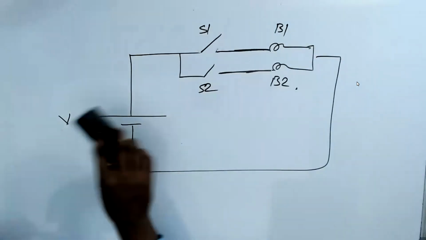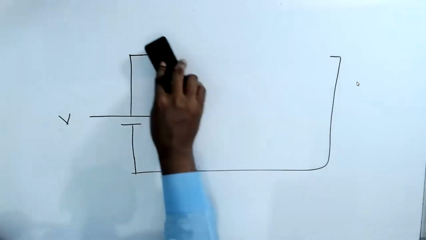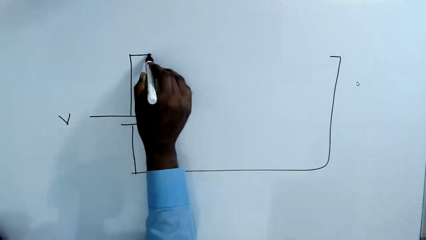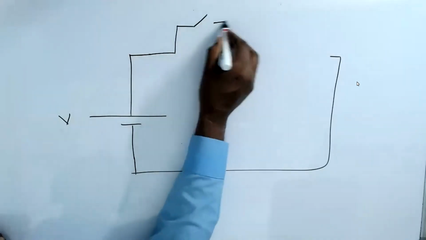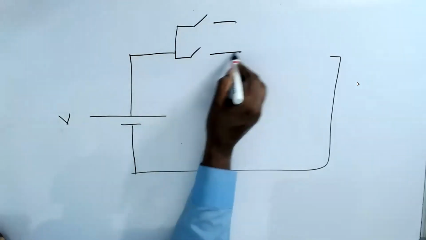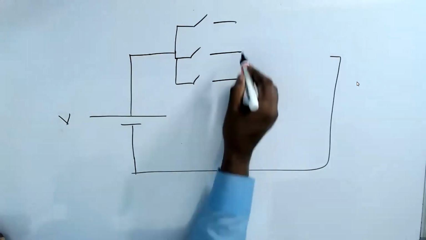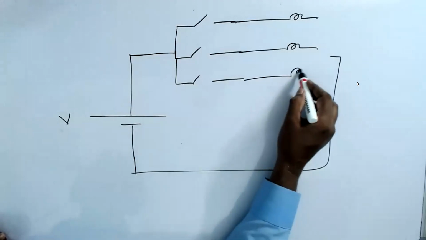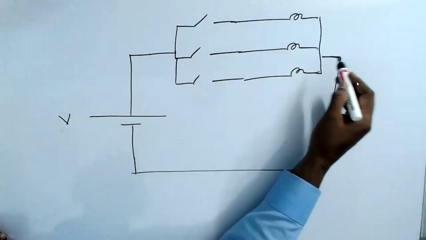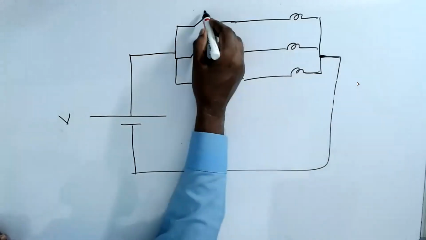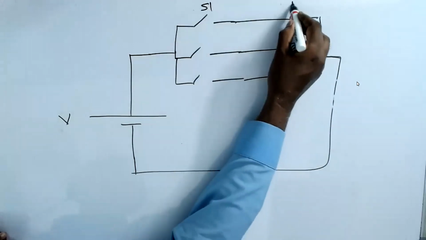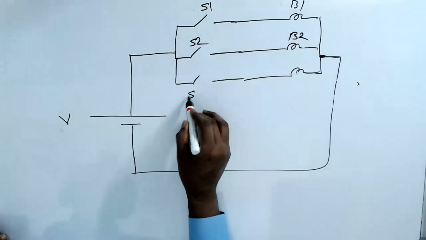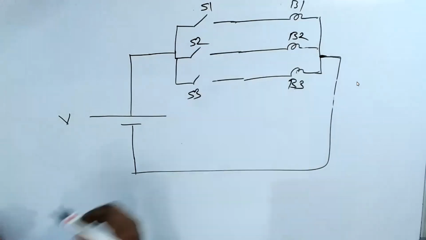Now I make one more. I have switch 1, switch 2, switch 3, and 3 bulbs. Just connect it. Now I have switch 1, bulb 1, switch 2, bulb 2, switch 3, bulb 3.